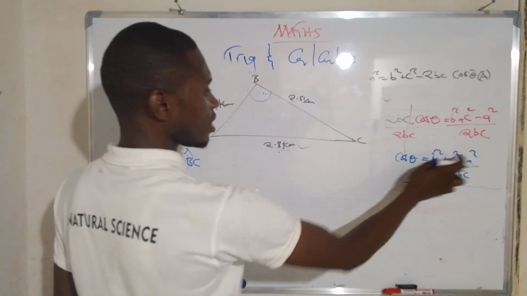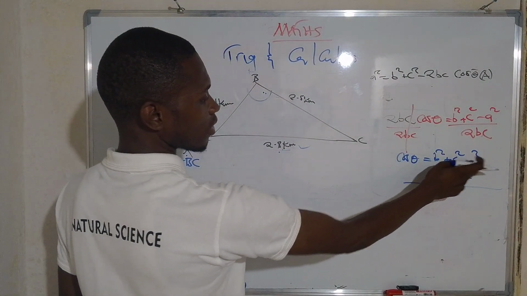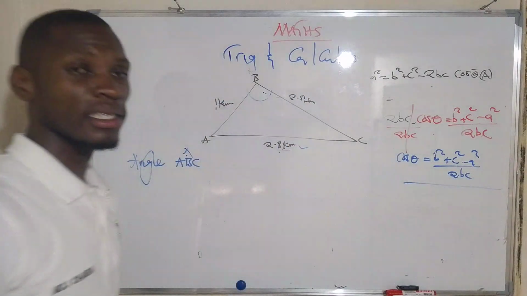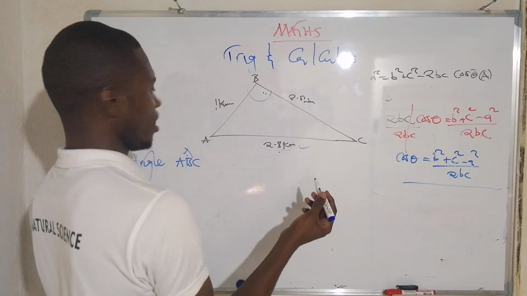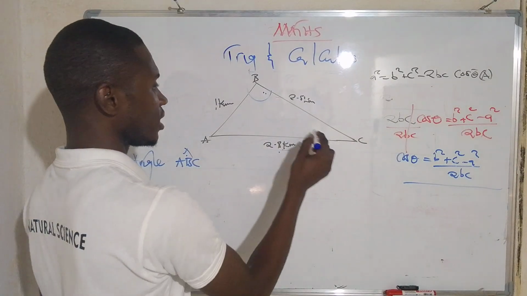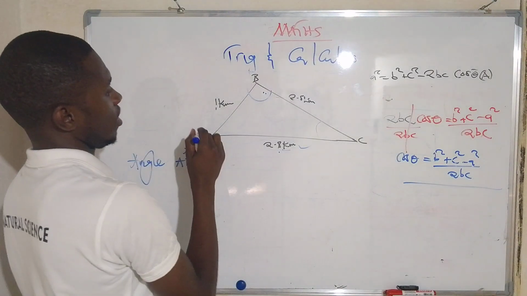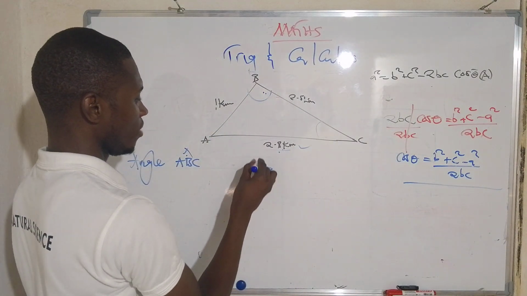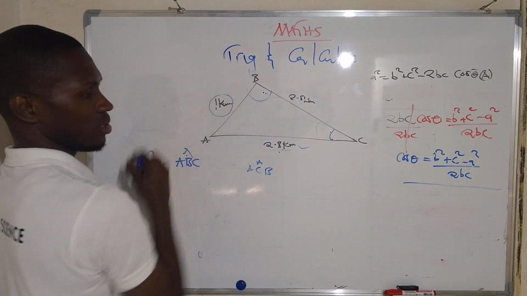So this is the scenario now. I'm going to add this and this, subtract this one, then I'm going to divide by this and this. That's the criteria. So in an exam, if they say calculate angle, let's say angle ACB, meaning that each side is this.